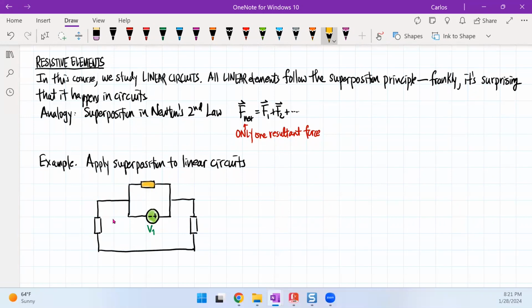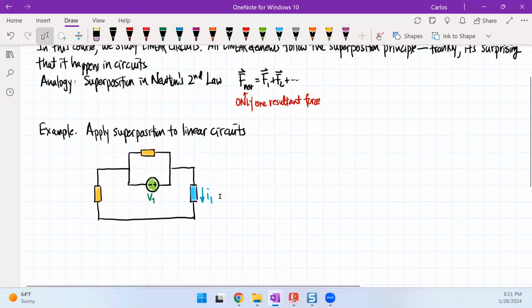What we're going to focus on is that I have these yellow elements, but the one I'm most interested in is this blue one. So what do I know about this blue one? This blue one is going to have a current flow, which we're going to call I1.